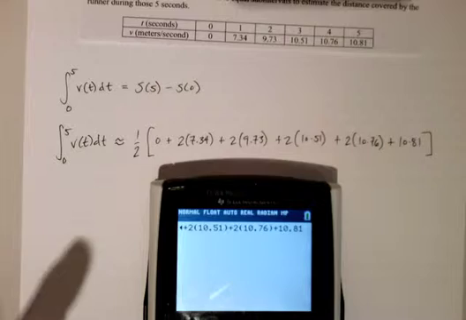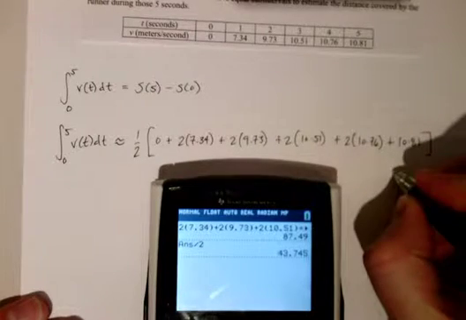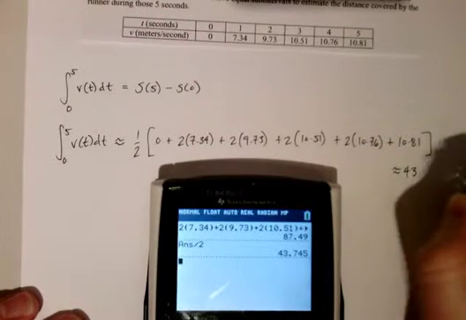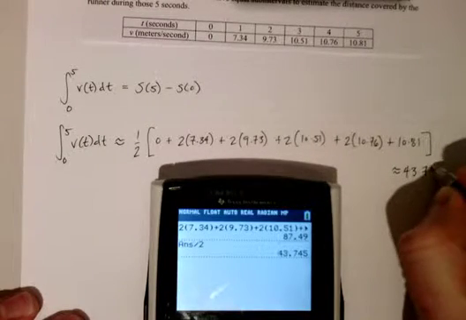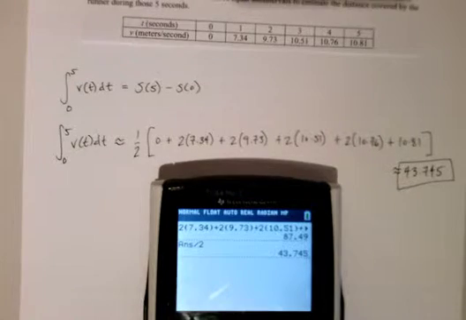Now we still haven't multiplied by delta x over 2, so we do that and we divide by 2. And our answer is the runner has gone approximately 43 meters in the first 5 seconds of running.